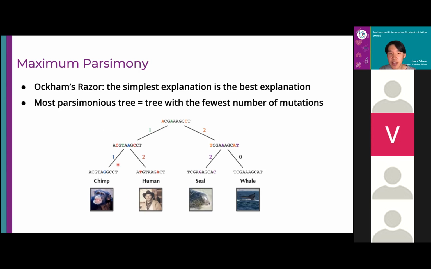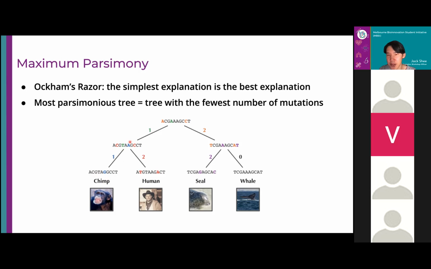So you can think of it as you have your present day species, and then you have to infer, or reconstruct, these ancestral sequences, and they're going to have certain differences from the present day species. And the differences are the mutations.